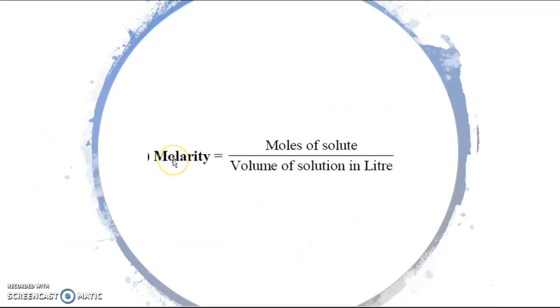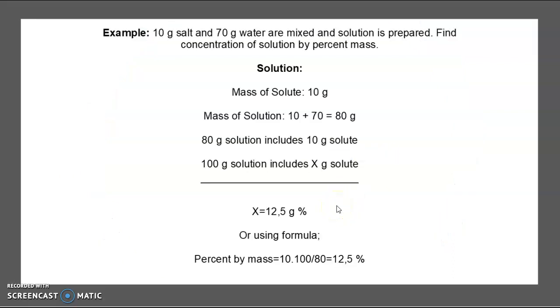The molarity is another way to express the concentration. In this case, it is the moles of solute dissolved in a liter of solution. Be careful with the units of the volume in molarity.